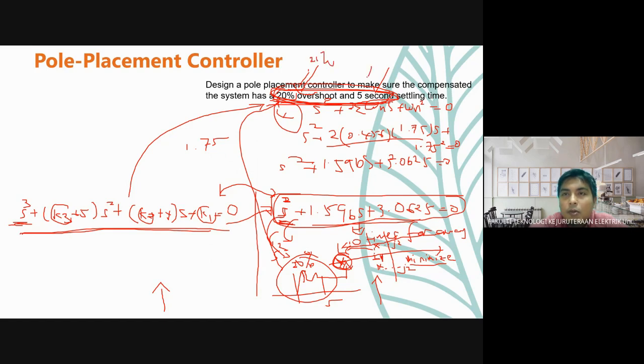The setting time will be about 5.2 seconds. So it means that we minimize the effect of the third pole. So the rule to minimize the effect, we need to add the third pole at least 10 times far away from the dominant poles. Okay, so I try to draw it again.